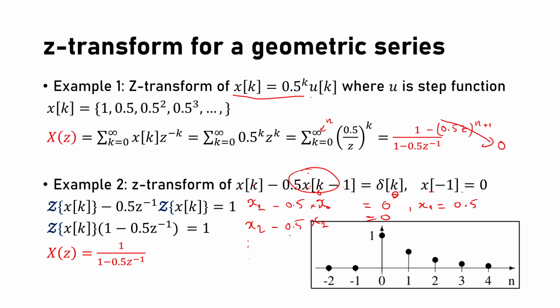And so on. So you can clearly see that hn equals 0.5 times hn minus 1, right? It's a geometric series.